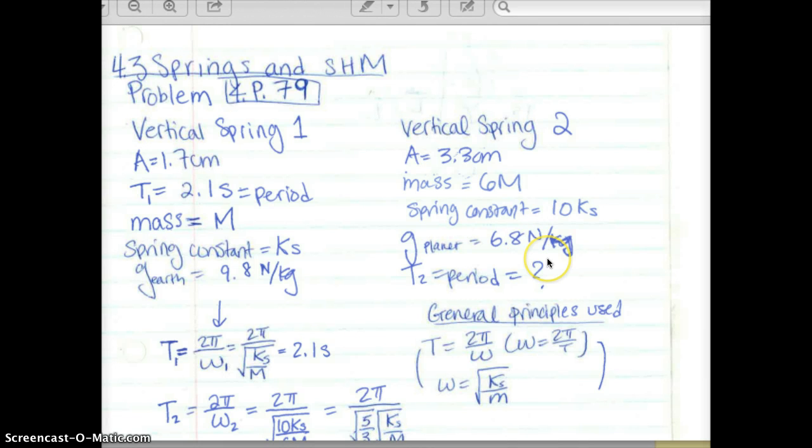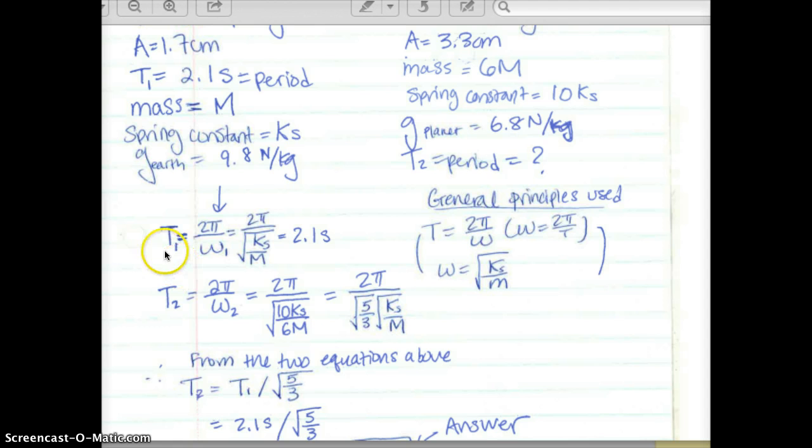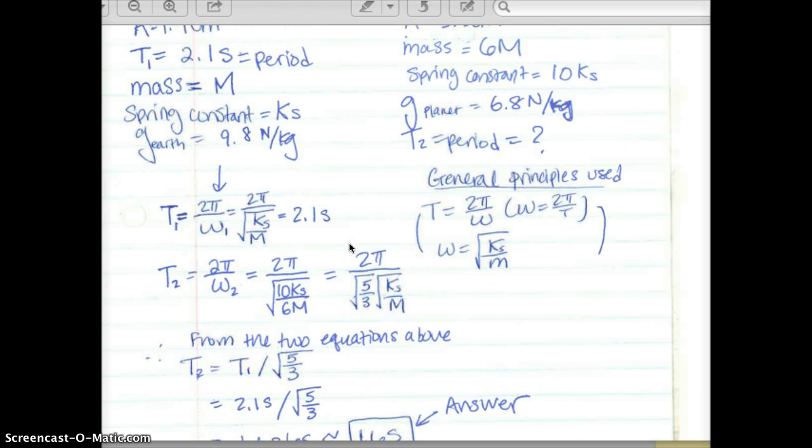So the general principles that I used is, first of all, that period equals 2 pi over omega. And then the second principle I used is omega equals the root of Ks over m. So the period of the first spring, I said it was T1, which equals 2 pi over the omega of the first spring, which is 2 pi over root of Ks over m, which equals 2.1 seconds.